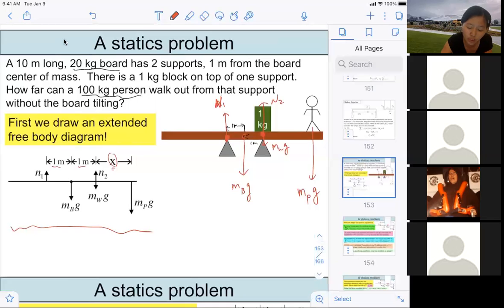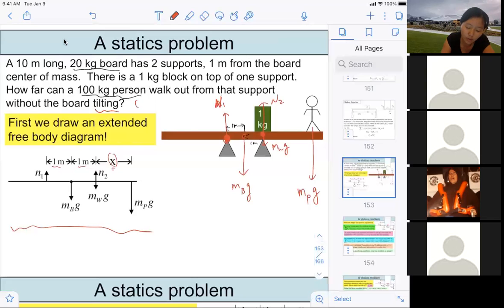You don't want the board to tilt over. So when it's right at this point, you can see that the more the person walks toward that side, just when it's about to tilt over, before it tilts, the beam is losing contact with your first support. Okay, that is the furthest distance the person could walk.